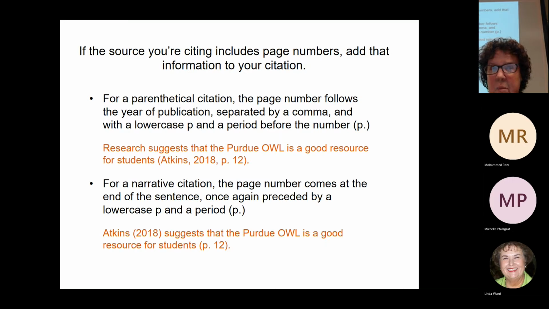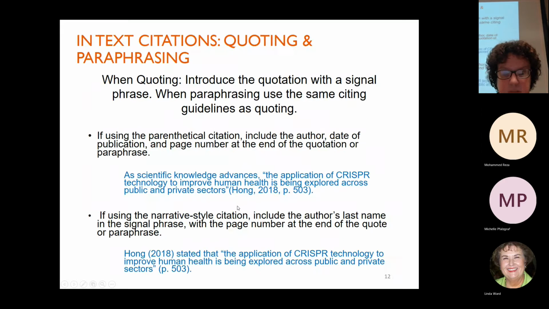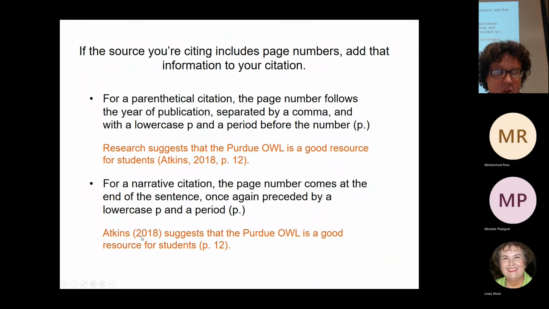Most of the time you can just add the comma, p, period, and the page number, but in this case, you do it in two different places. Because you stated the author name first, and when you state the author name, you have to put the year of publication. So you would do that.